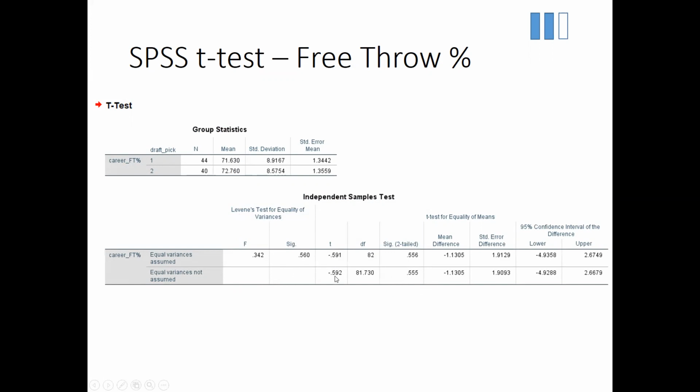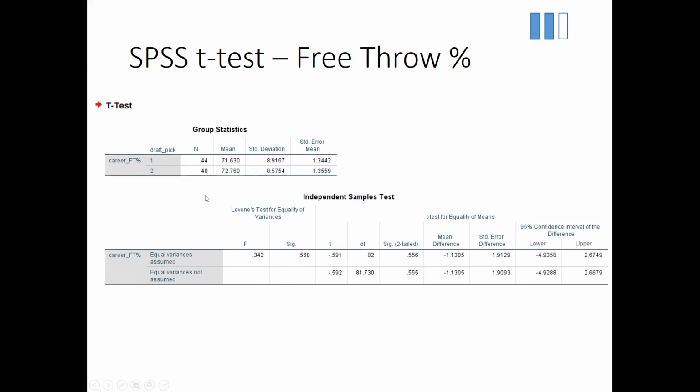Look at the t-value, they're very similar, so the p-values are also very similar. We're assuming equal variances here. Remember, that's the t-test we wanted to run in Excel, equal variances assumed. So 0.556 is still definitely not a statistically significant difference.